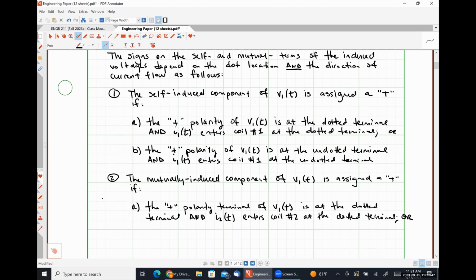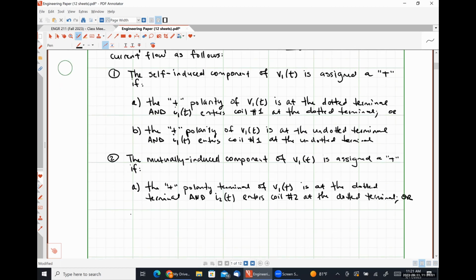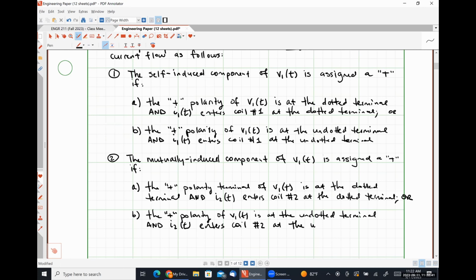So the positive polarity terminal of V1 is at the undotted terminal and I2 enters coil number 2 at the undotted terminal.